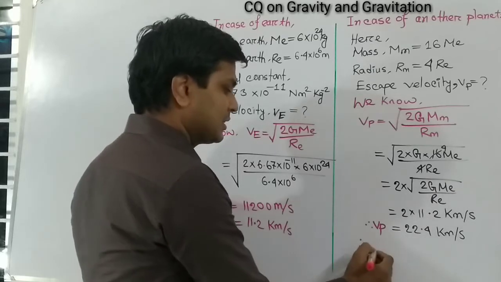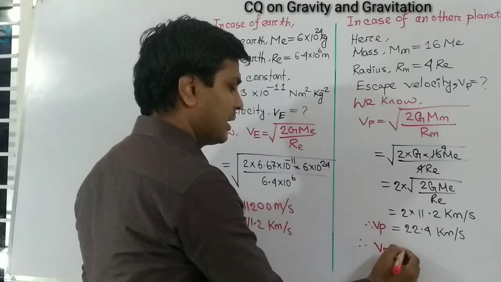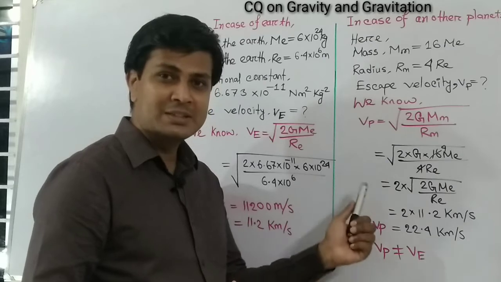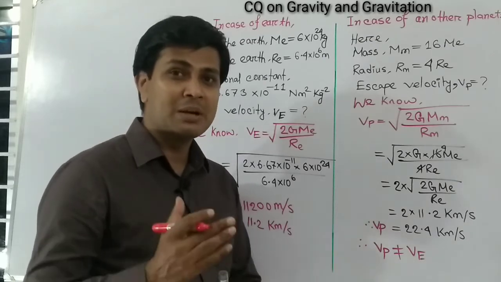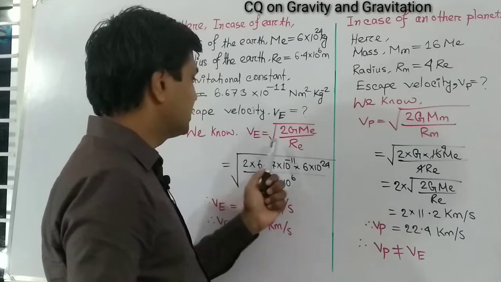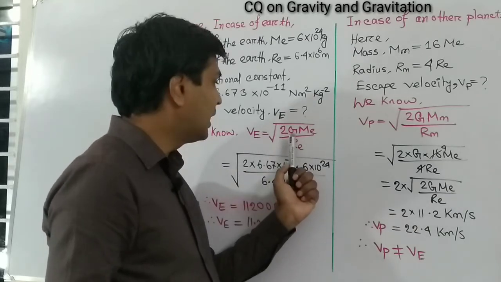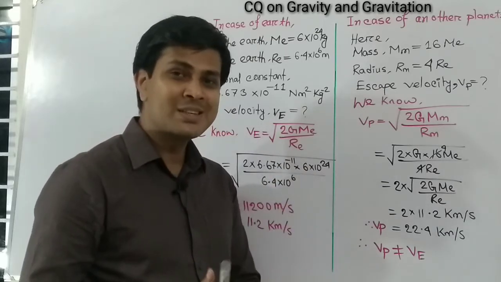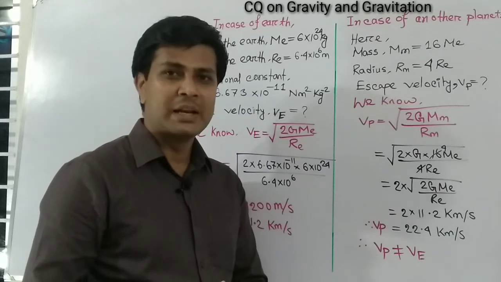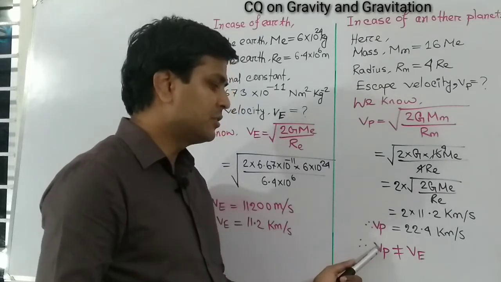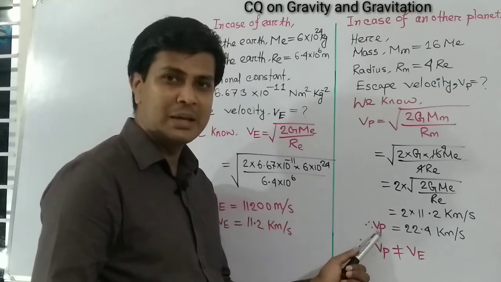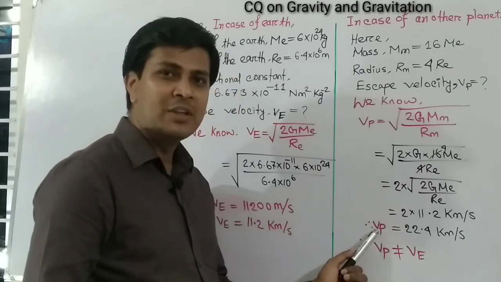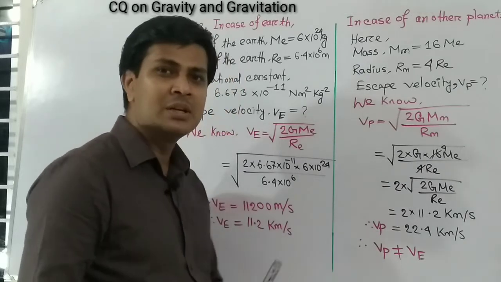In that stem, you can see here the mass of the body becomes half, but in that equation you can see there is no mass of the body. So escape velocity doesn't depend on mass of the body, it just depends on radius of the planet. So escape velocity for other planet is double the escape velocity of the Earth's surface.